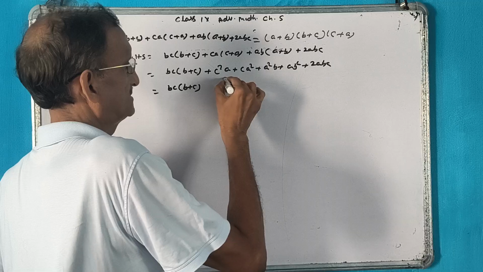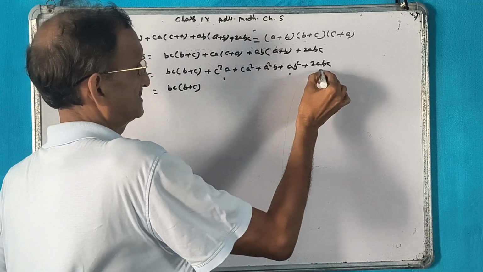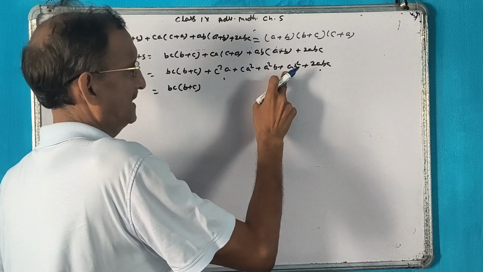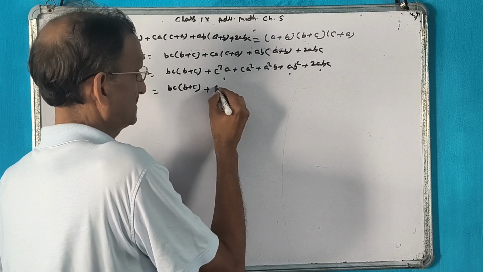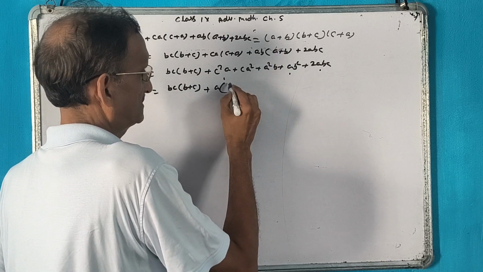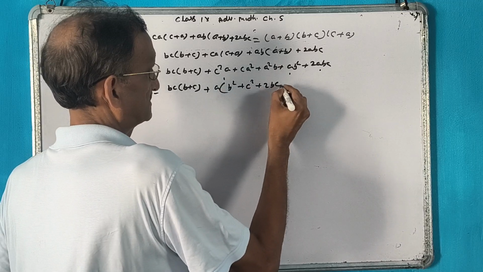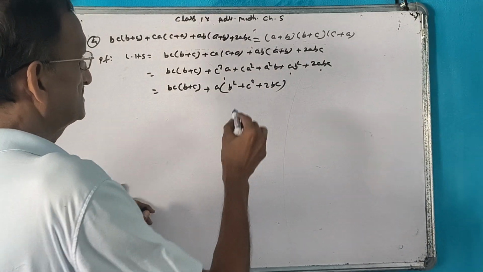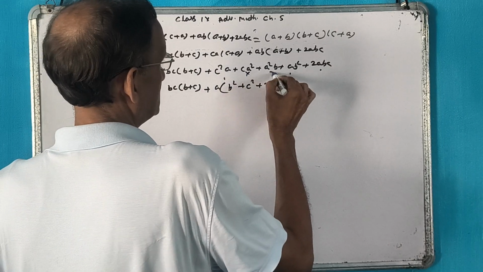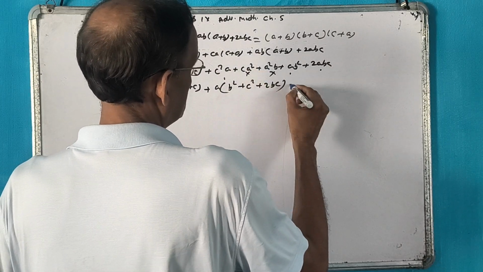From this and this, what is common? See, A is here, A is here, A is here. Just like the previous one. What is left here? B square plus C square plus twice BC. From these two terms, very clearly A square is common.